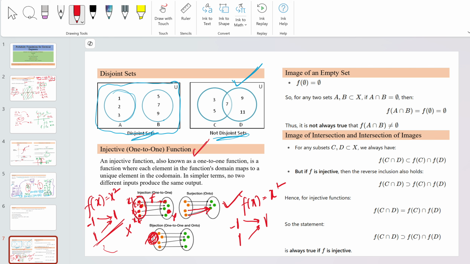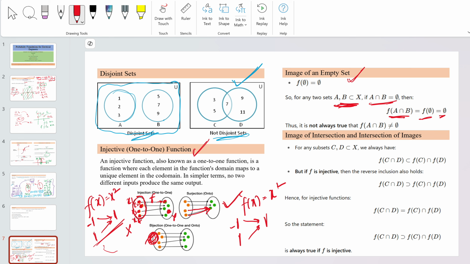Okay. The second concept is the image of an empty set. When you have sets A and B, which are subsets of x, and if A intersection B is phi, it means that f(A intersection B) is equal to f(phi), which is phi.